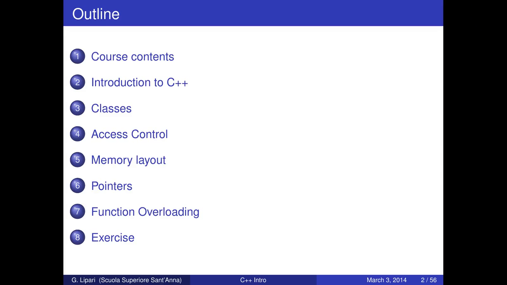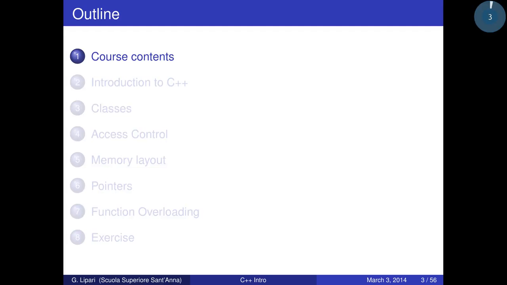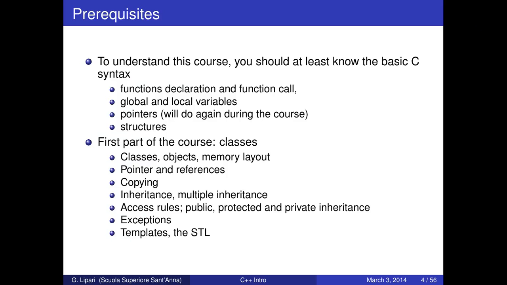So we start the course by giving a description of the contents of this course. This is basically a course on advanced programming by using C++ as a programming language, and since it's advanced programming, I'm assuming that you know at least some basic C. So you know how to write a simple C program and maybe also a little bit more complex C programs.